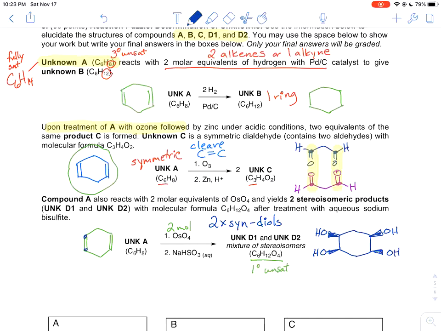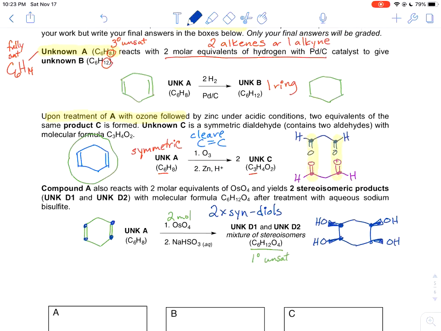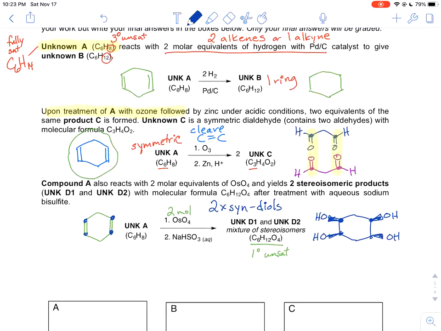So wherever we have alkene carbons, those are going to be alcohols. And then we have another set of alkene carbons here on this side. So we have cis alcohols here. Now the question is, are this set of alcohols cis to each other? In this case, yes, they are. But they also could have been trans to each other.